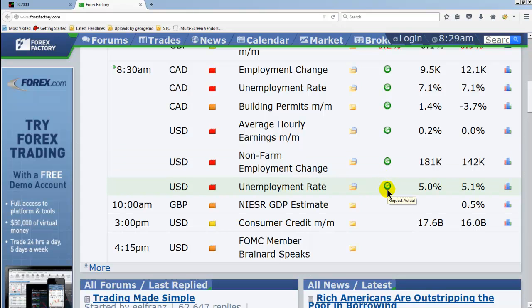Okay, I want to hit on the non-farm employment change. It's not yet out. Should be out in a second, okay? That's it. Very bullish for the dollar. You see, 271, job creation. So for that euro trade, I can forget it.